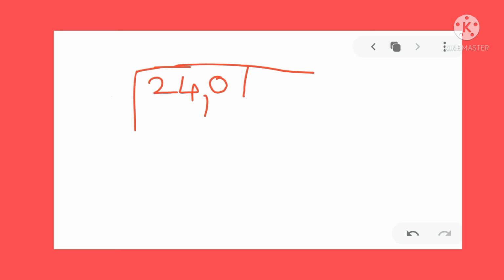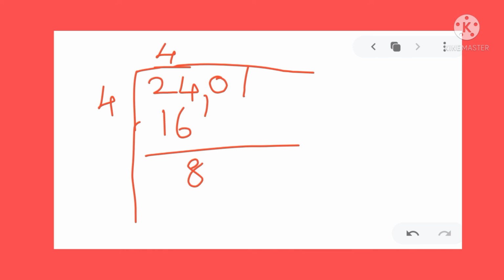For the next number 2401, we pair 2401. 24 lies between 16 and 25. So 4 4s are 16. Then after subtracting we will get 8. Then write 01 here. Double of 4 is 8.